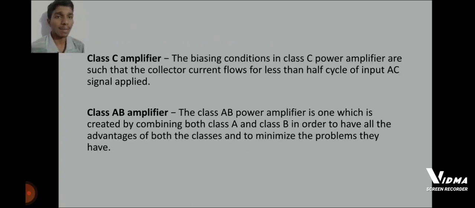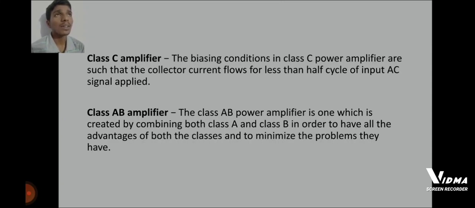The class C amplifier. The biasing conditions of the class C amplifier are such that the collector current flows for less than half of the input AC signal applied.